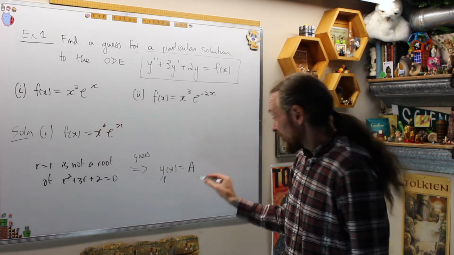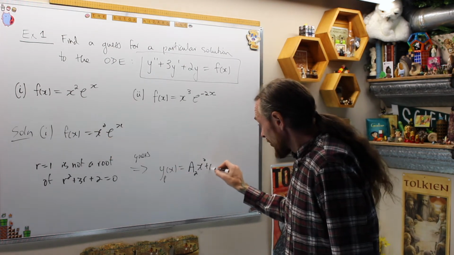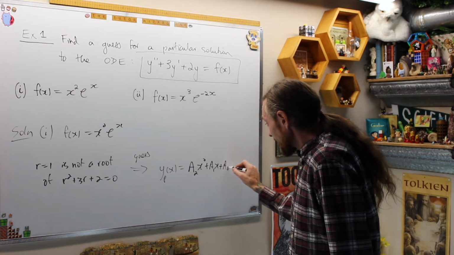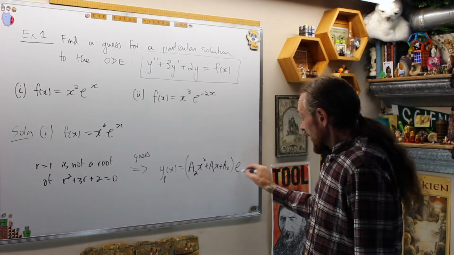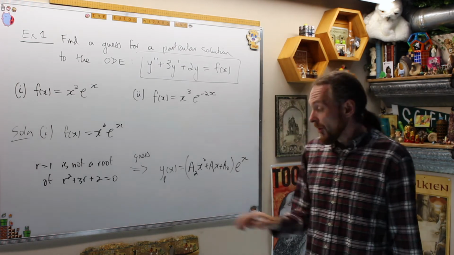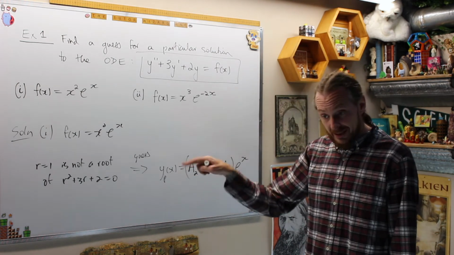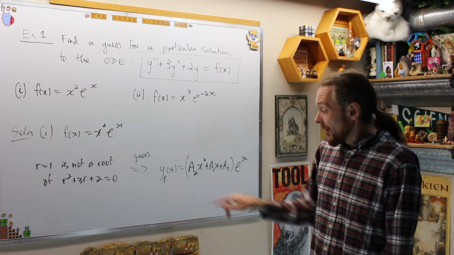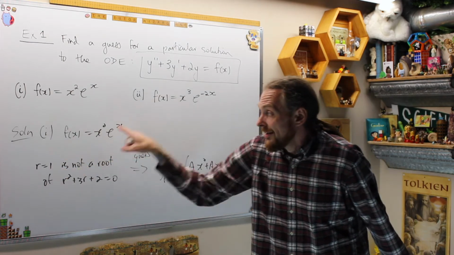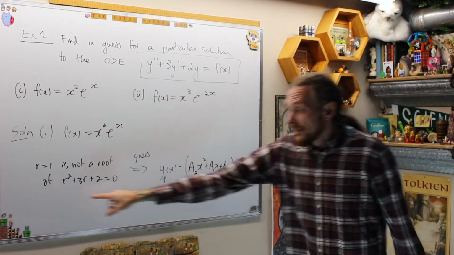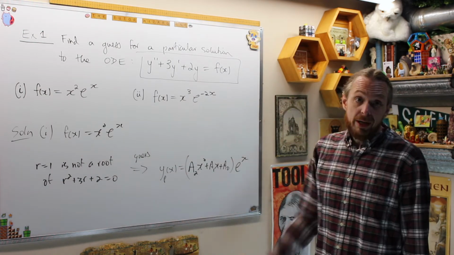Degree 2. So in general, we're going to guess a2 x squared plus a1 x plus a0, times e to the x. We're not going to have to add in anything like we did in the previous video, because r equals 1 is not a root of this characteristic equation. Therefore, this will be our guess for the first one.